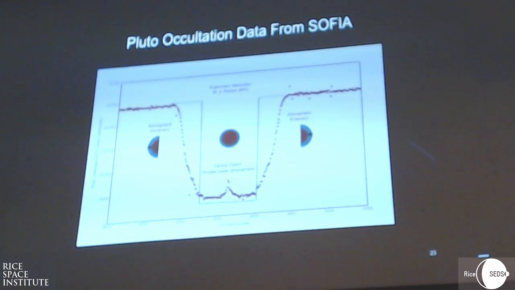But as you can see, that is not what happened. The actual light began to dim well before the star actually was being occulted by the surface. And so that's because it has an atmosphere.